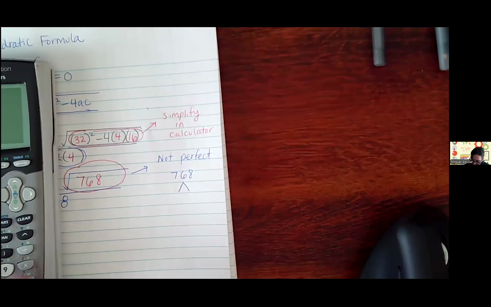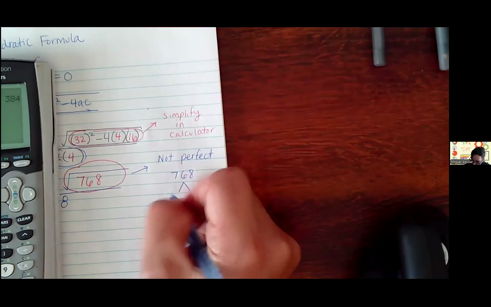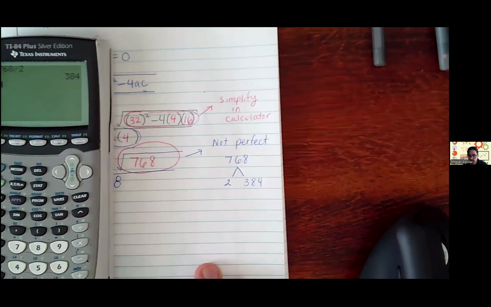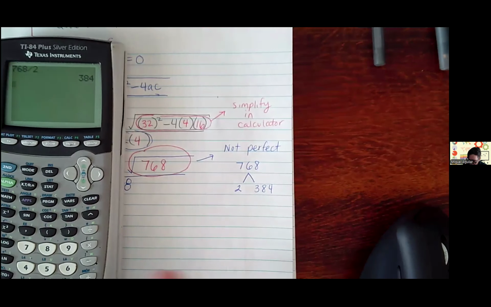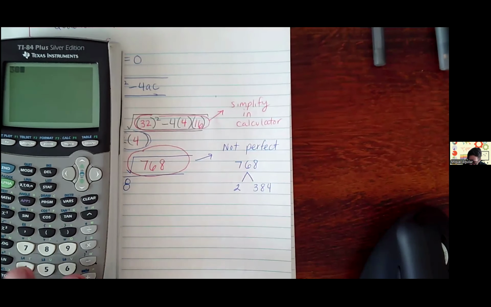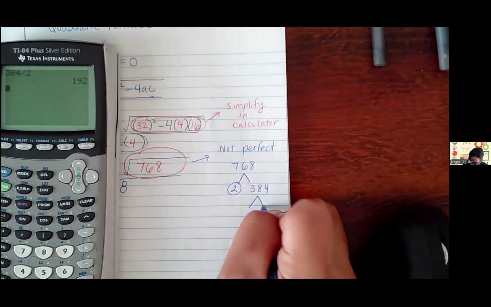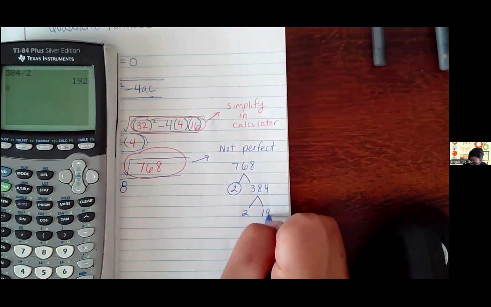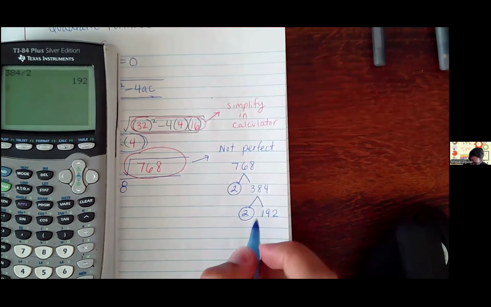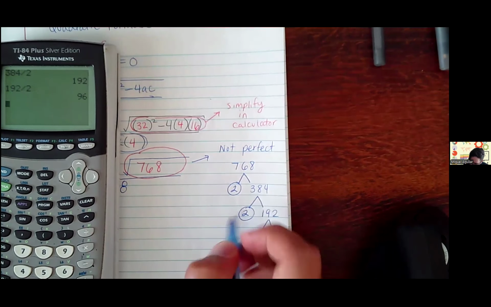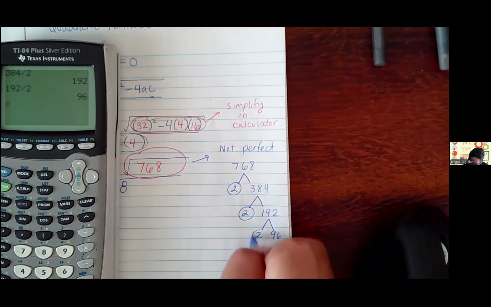So we might do 768 divided by 2. That's going to be 2 times 384. Then we might do 384 divided by 2. And that's going to be 2 times 192. We can see if that's divisible by 2, 192 divided by 2. 2 and 96.